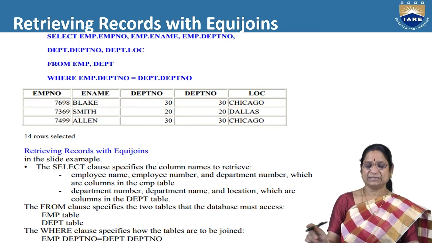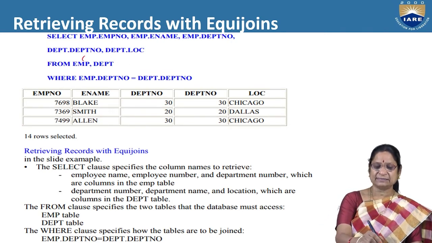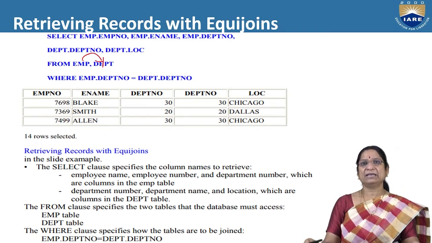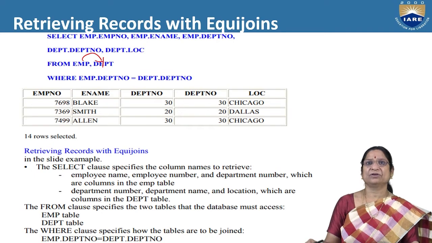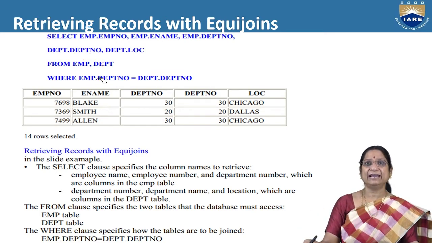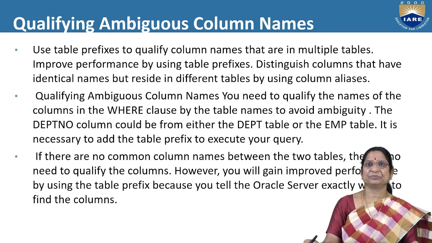What happens is each row of employee is compared with each row of department. Then if any match occurs, it will retrieve. Similarly the second row of employee, the third row of employee, like that. If N rows are there in employee, N times it will compare with each row of the department.